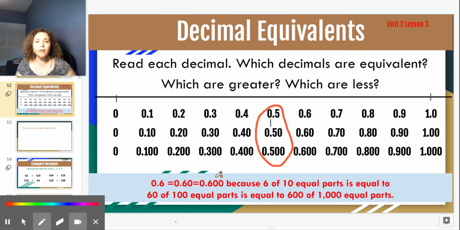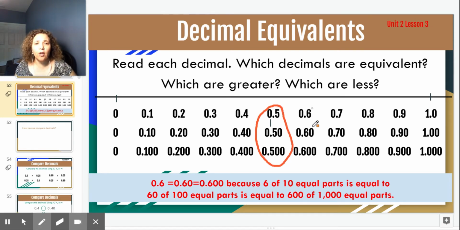All right, if you said that the rows going down are all equivalent to each other, you'd be correct. So let's look at the example here. 5/10, right? That's the same thing as 5 out of 10, which is half. 50/100 is the same thing as 50 out of 100.